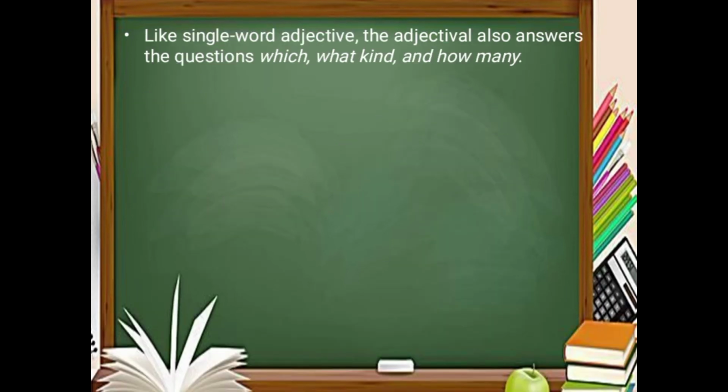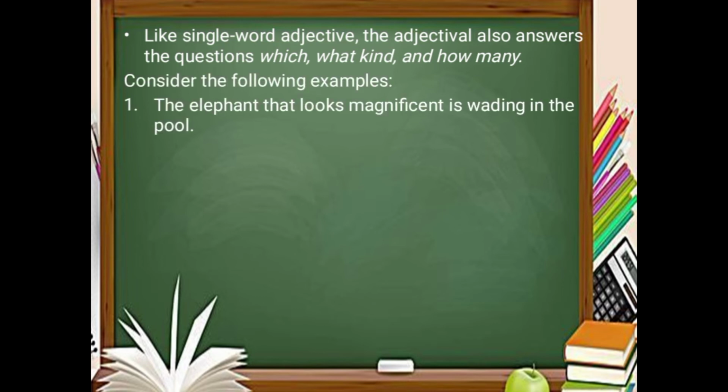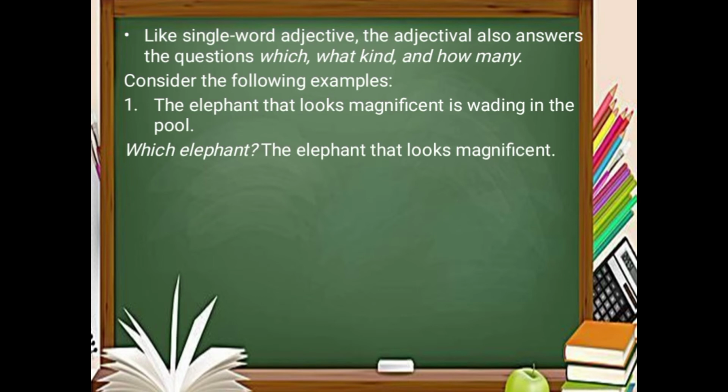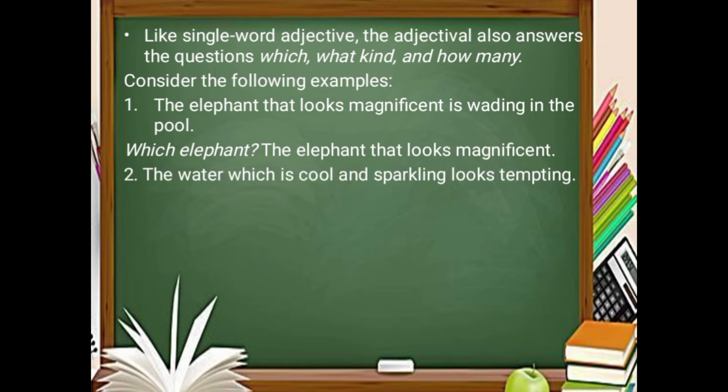Like a single word adjective, the adjective clause also answers the questions which, what kind, and how many. Consider the following examples. The elephant that looks magnificent is wading in the pool. Which elephant? The elephant that looks magnificent.